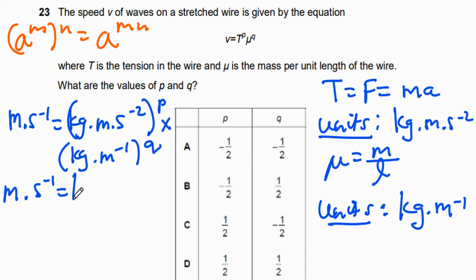So we end up with kg to the p. M to the 1, we multiply the 1 here with a p and we get m to the p. Then negative 2 times p is negative 2p. So s to the negative 2p. Then this is times kg to the 1. So 1 times q is q, so we get kg to the q.